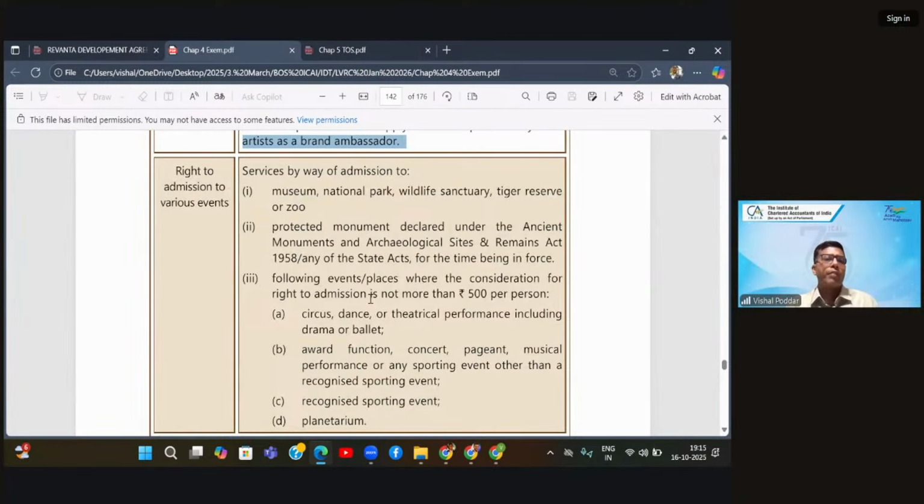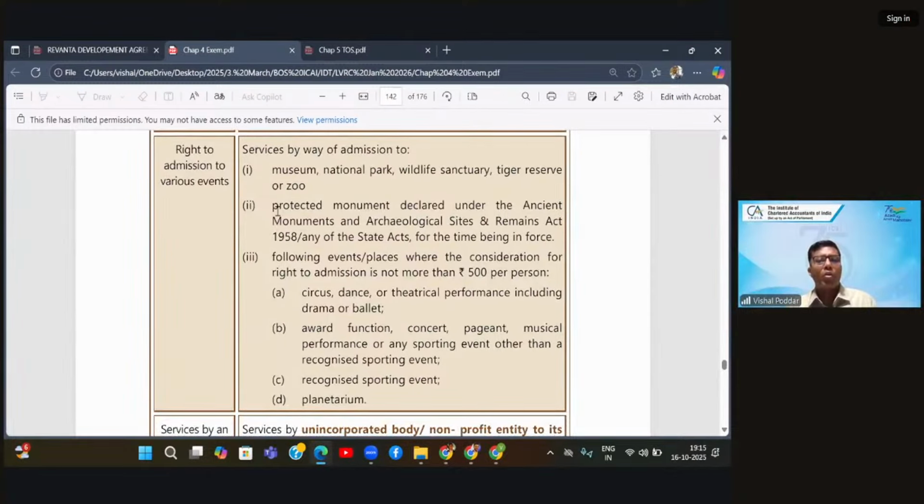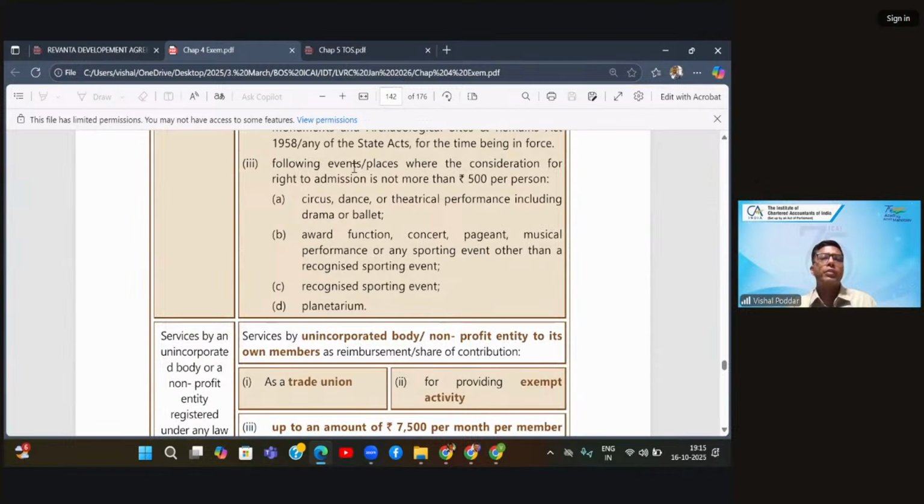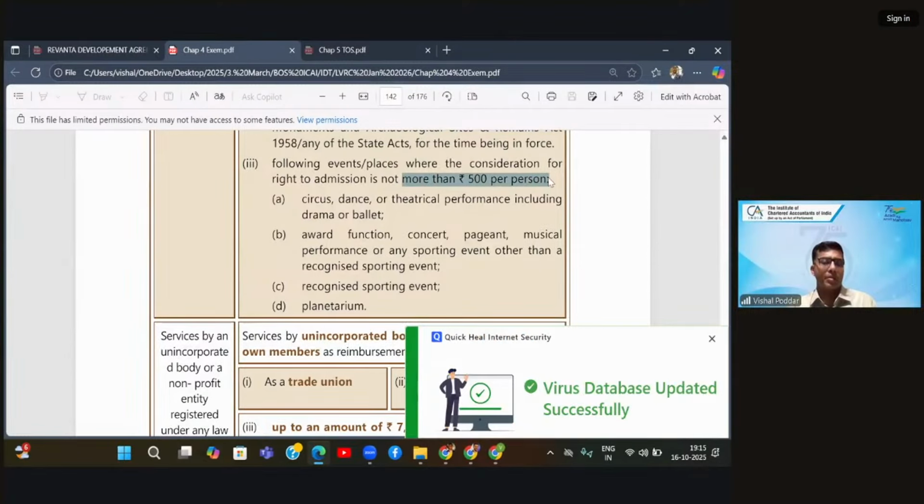Next, wherever you are going to a place where there is some entry fee, that will be exempt if the entry fee is for a museum, national park, wildlife sanctuary, tiger reserve, or a zoo, or it is to a protected monument, or it is to any of the following places where the fees is up to 500 per person.